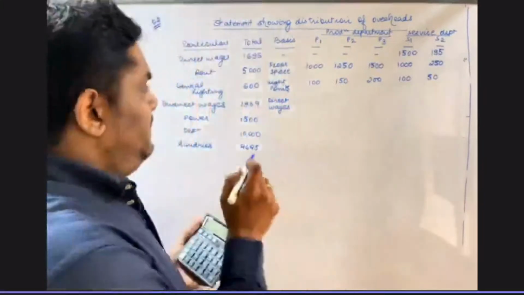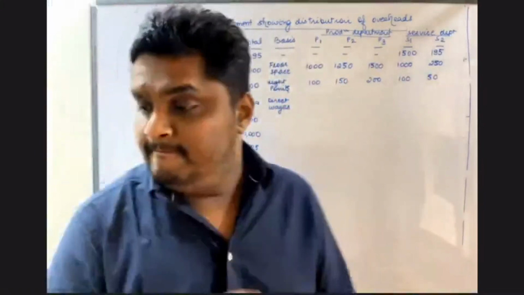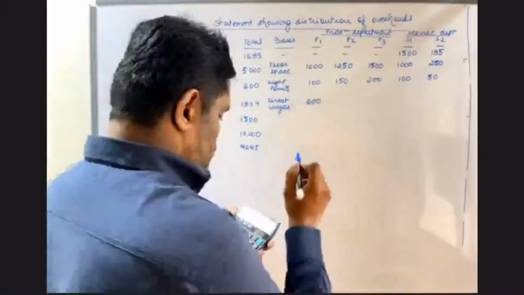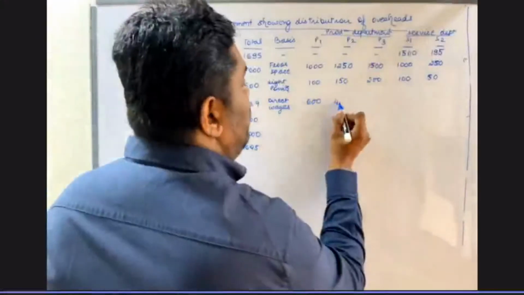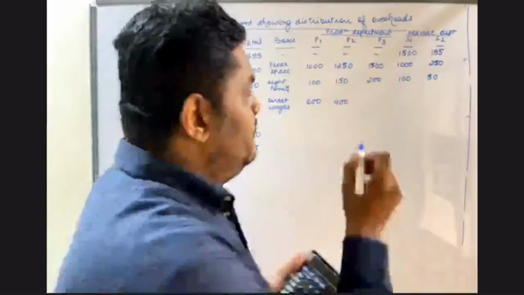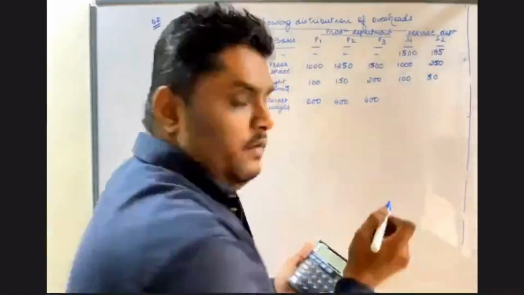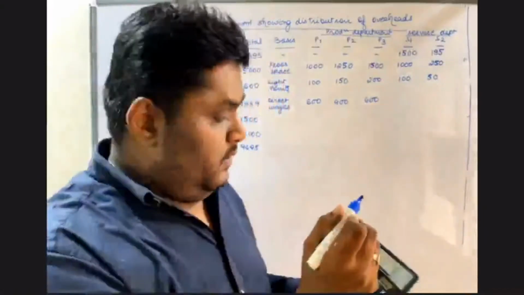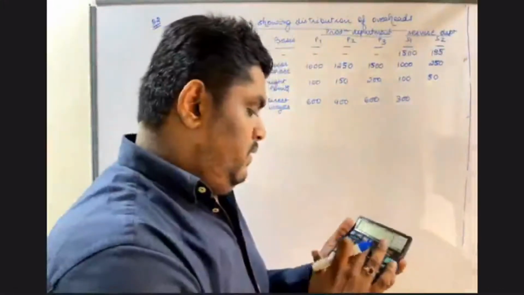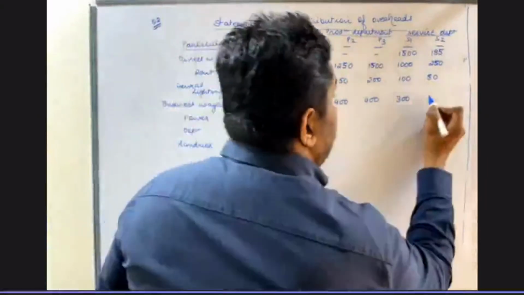So this will be 600. This will be 400, 600, 300. This will be 13.